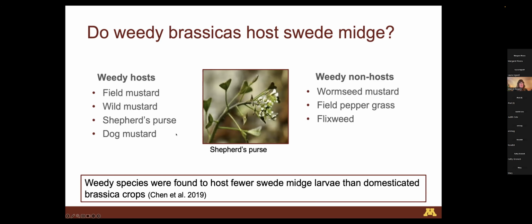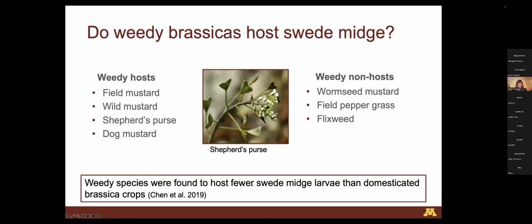But some of the weedy hosts that have been known to host Swede Midge are field mustard, wild mustard, shepherd's purse, which is really common around here. And then there are some non-hosts too. It's interesting and important to recognize brassica crops that do not support Swede Midge development, because there might be some opportunities for breeding resistance in the future if this becomes a more significant pest.